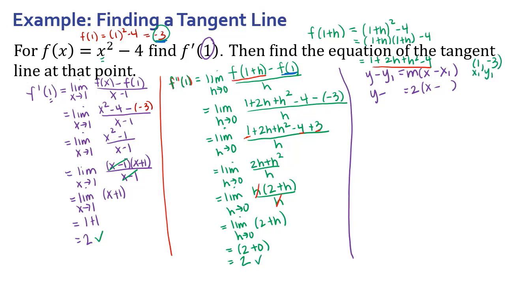So that's the point I'll be using because that's the point on that function that the tangent is going to touch. So this becomes y minus negative 3 equals 2 times x minus 1. So y plus 3 equals 2 times x minus 1, so y plus 3 equals 2x minus 2. y equals 2x minus 5. So the equation of the tangent line at x equals 1 is y equals 2x minus 5.